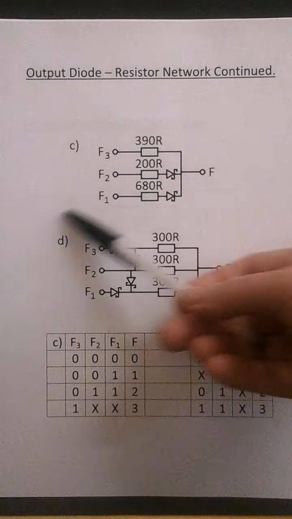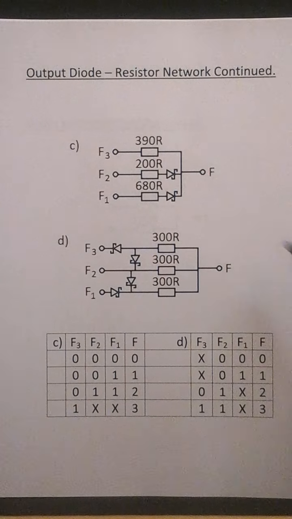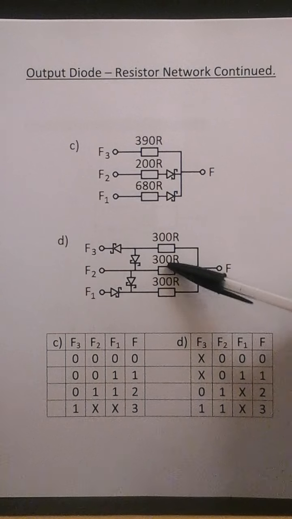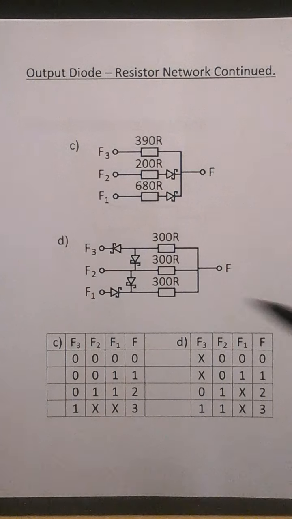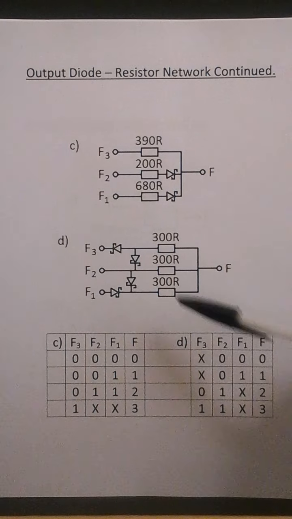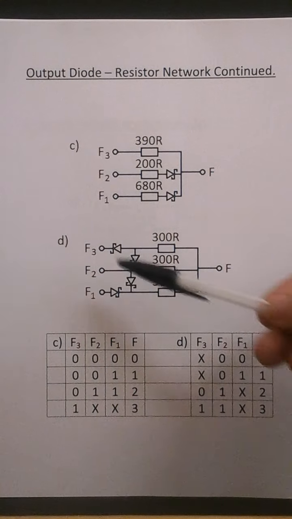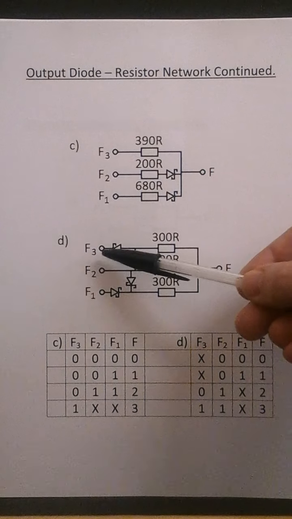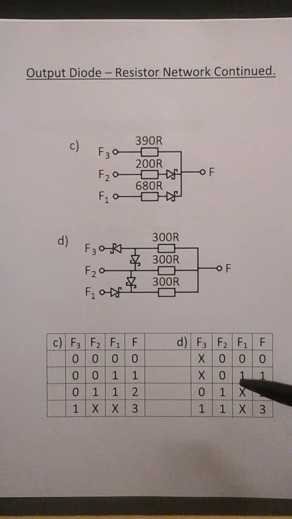Right, for resistor diode network D, here we have 300 ohm resistors, output F, inputs F3, F2, F1. So F is 0, F2 is a 0, and it doesn't matter if F3 is a 0 or a 1, because that diode is reverse biased.